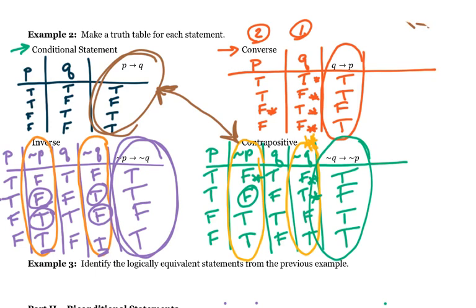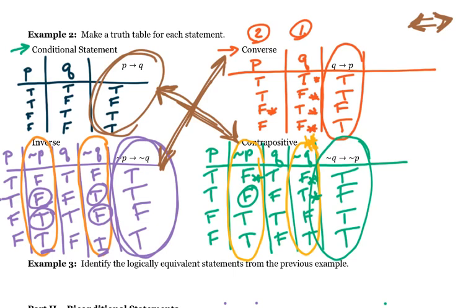That's our equivalent in logic. Two equivalent statements have the same truth values as their final result in their truth table. Now, if I look at the converse's truth table, it is true, true, false, true. And that's the same as the inverse, true, true, false, true. So these two are equivalent. Here, I'll make the double arrow so it looks like I'm saying they're equivalent with just a really long arrow.